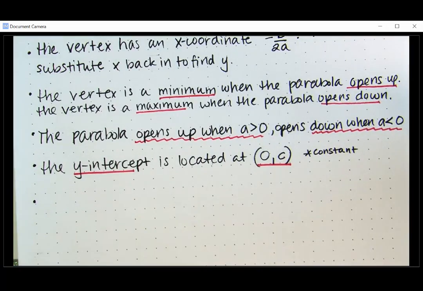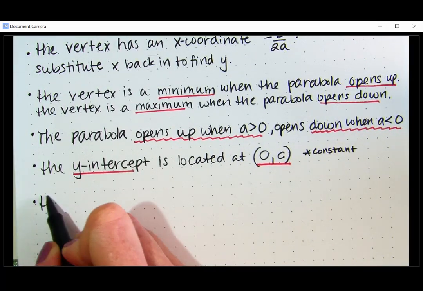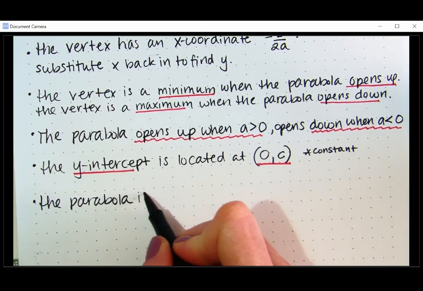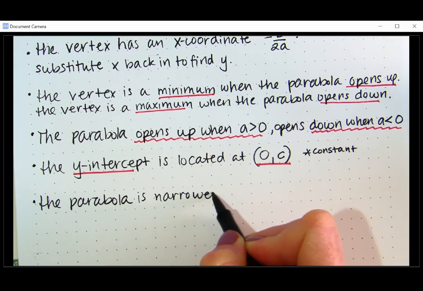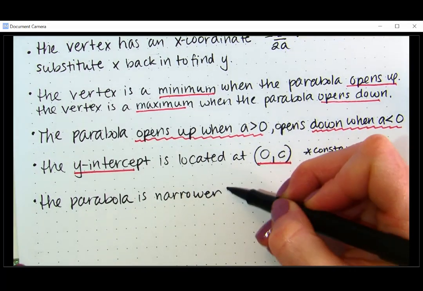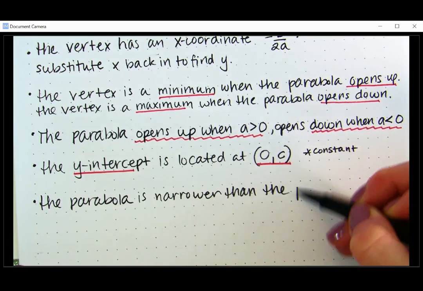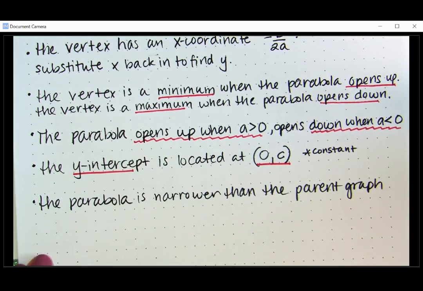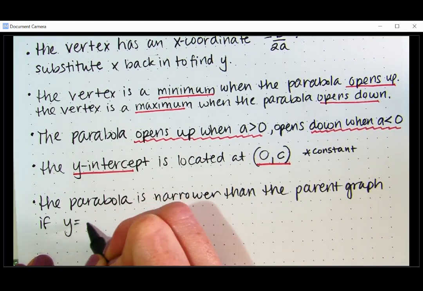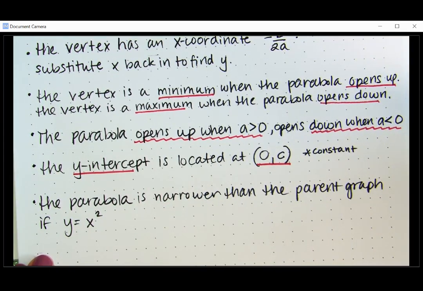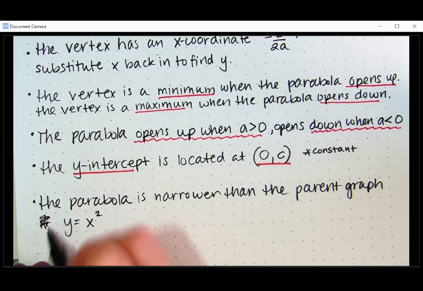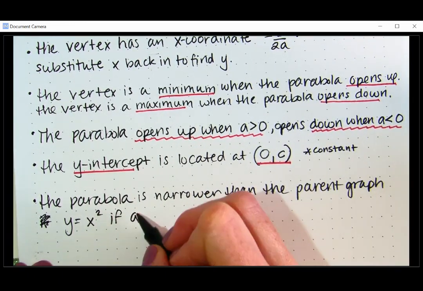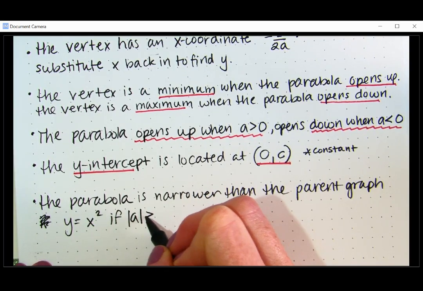Okay, 2 more pieces of information. The parabola is narrower than the parent graph y equals x squared if the absolute value of a is greater than 1.